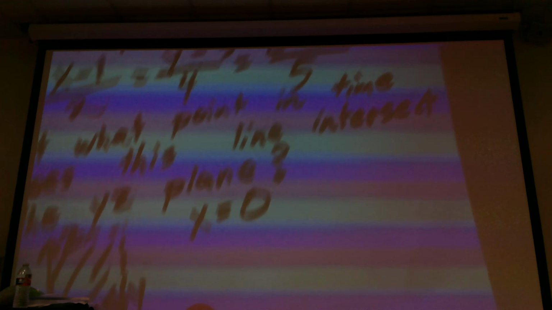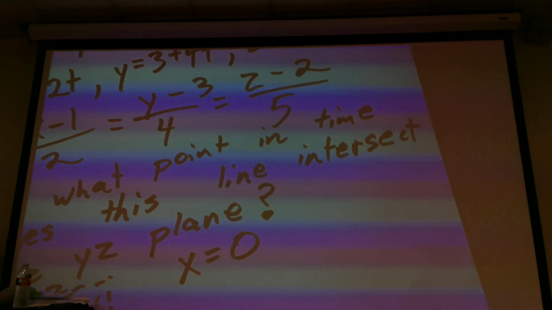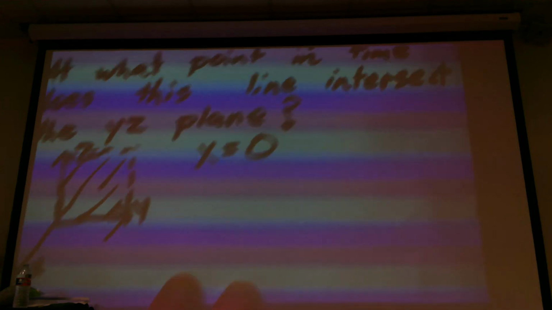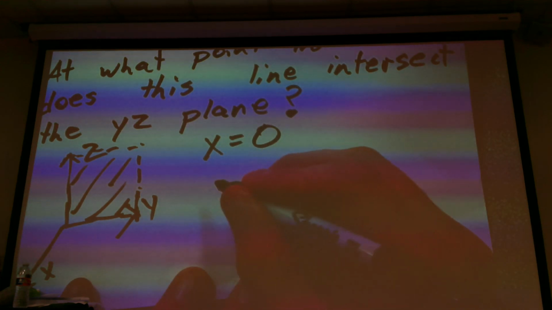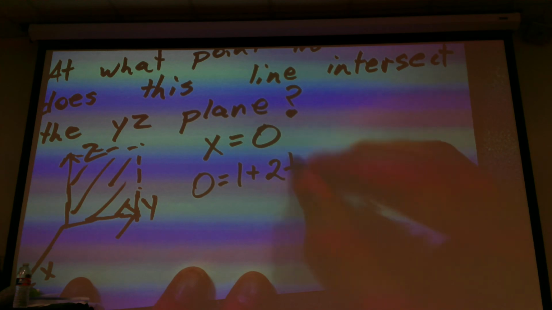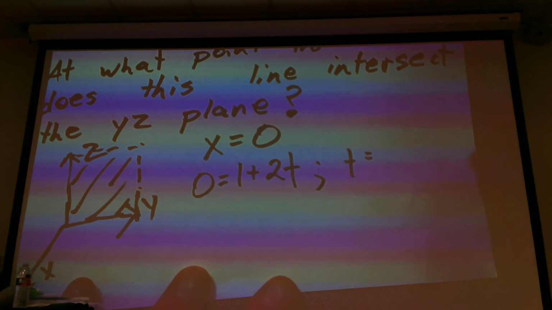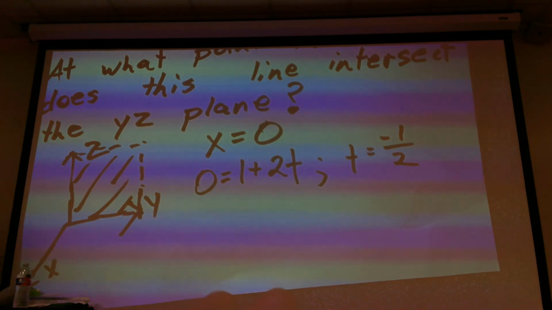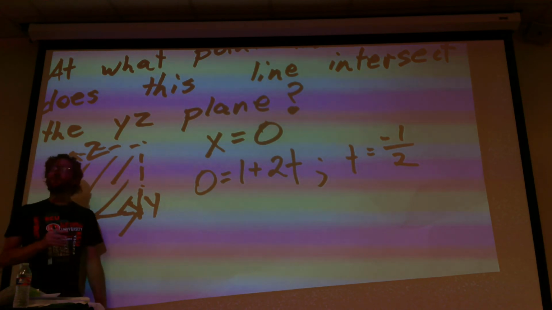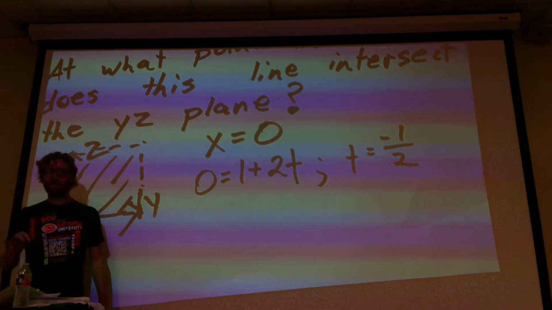Okay. So zero is going to equal 1 plus 2t. Manipulate this problem with that, and we get that t is going to equal negative 1 divided by 2. Okay. So we figured out the point in time where it's actually going to intersect the YZ plane.